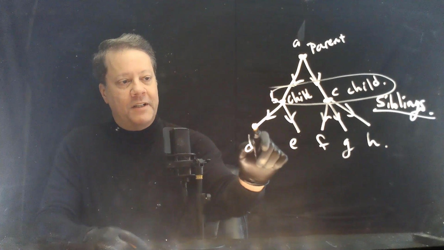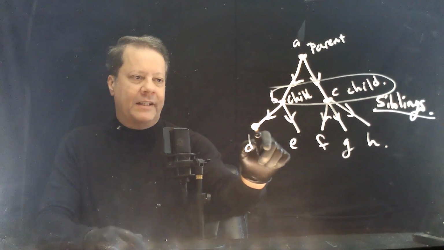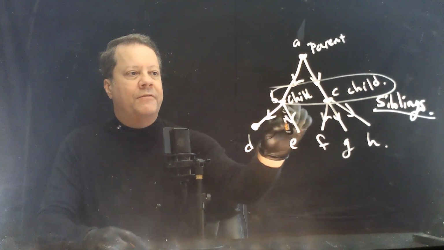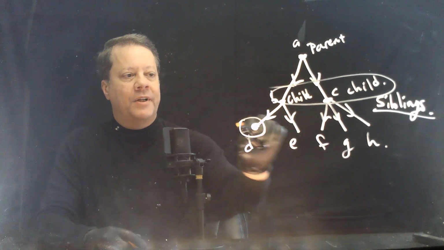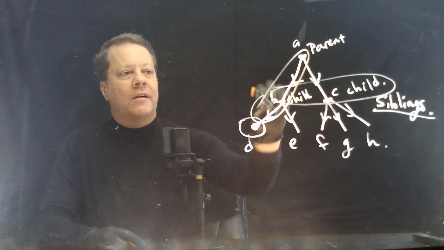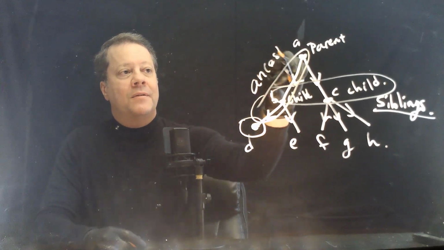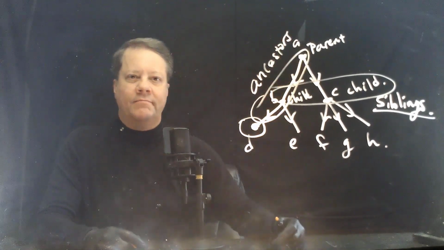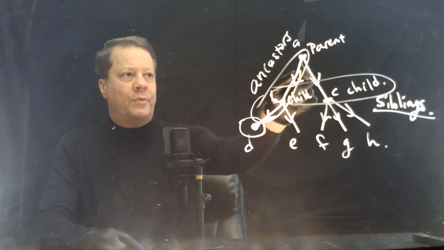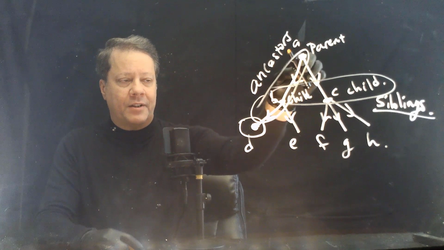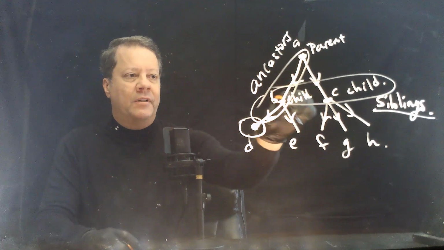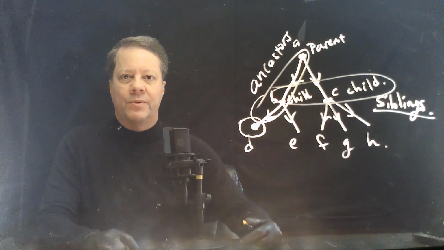If we focus our attention at this particular vertex, it has a bunch of different ancestors. So if this is the focus here, then these are the ancestors. We assume, of course, that the root does not have an ancestor, so we only apply the term ancestors to vertices that are not roots.